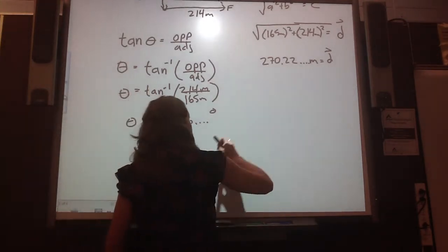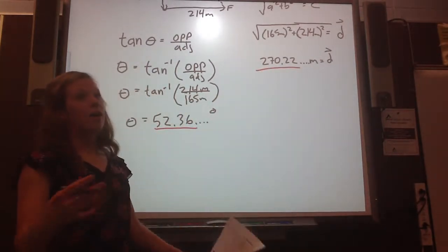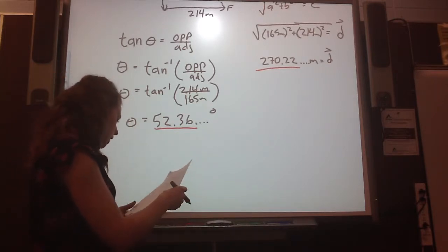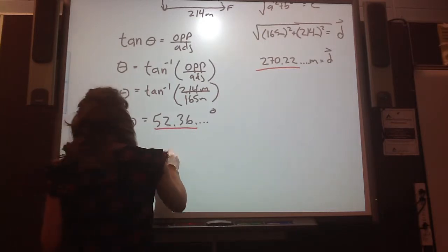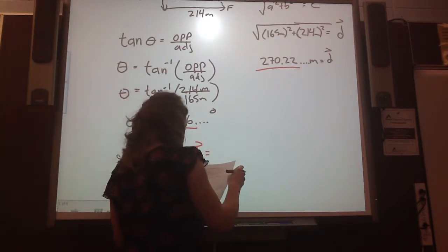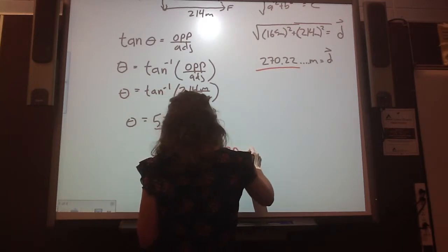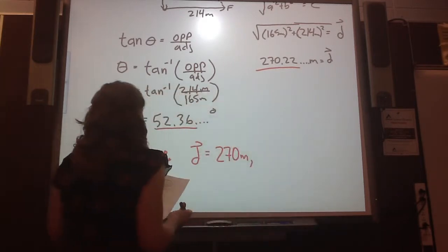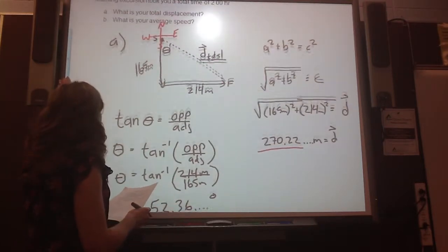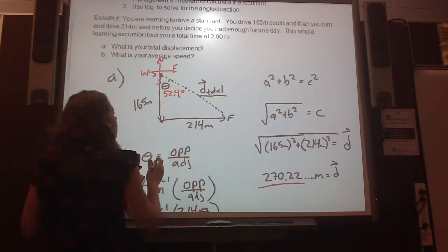Okay, so now to put this into an answer. So this is my magnitude and this is my direction. Remember, our vectors need to be in magnitude and direction. So I can say, therefore, displacement is equal to, and this is to 3 sig digs, so I'm going to say 270 meters. Now I'm going to say this is 52.4 degrees, so I know that this theta now is 52.4 degrees.